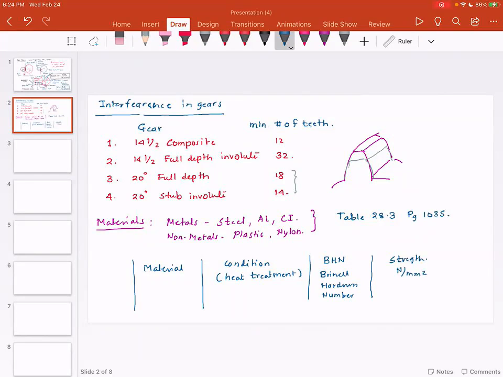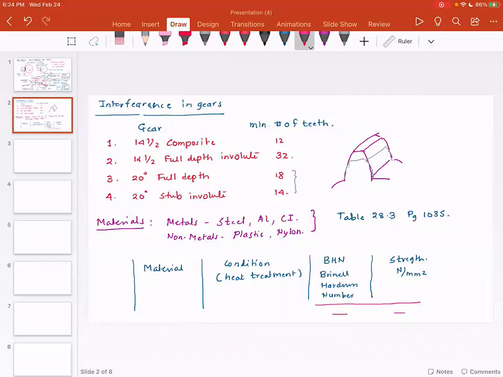And the idea is we select a particular combination of hardness and strength, so that our gear is able to withstand the load and operating conditions in practice.